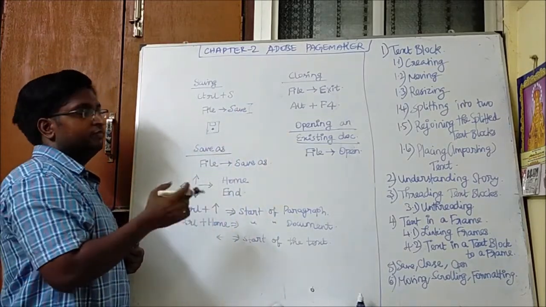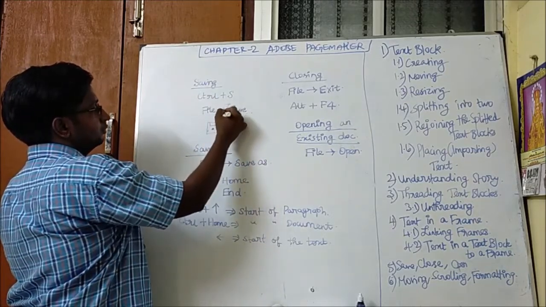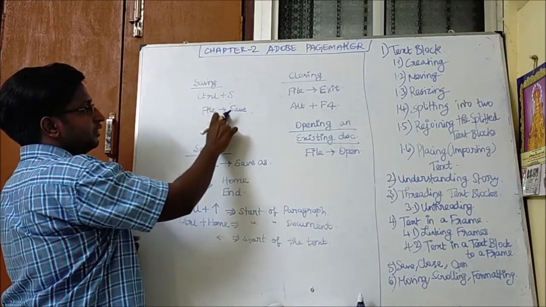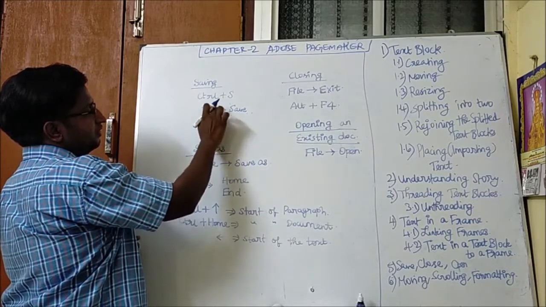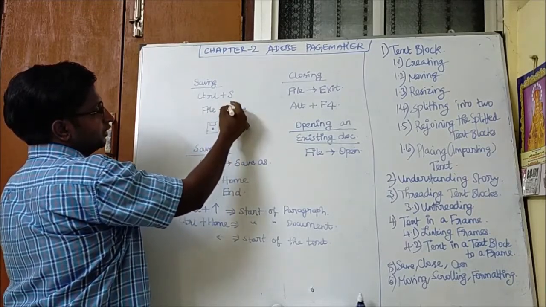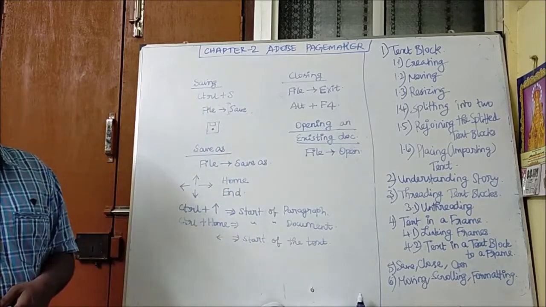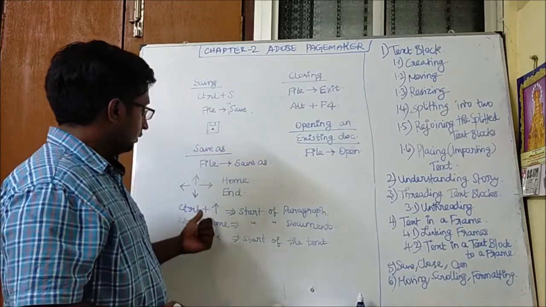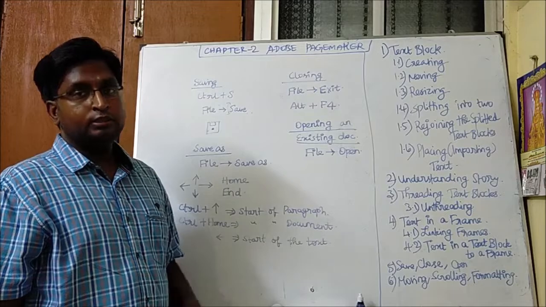If I press Control plus left arrow, it will move a word before. It will check whether the space is there, and the cursor will wait one step backward towards the word. So this is how moving in and around the document happens.